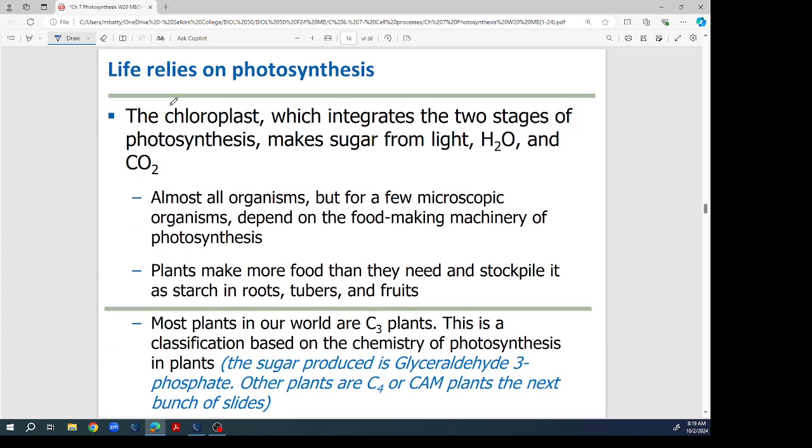So like we said, all life relies on photosynthesis. Even if you don't photosynthesize, you need things out there in the world photosynthesizing. It's really important that we have this food making machinery of photosynthesis.